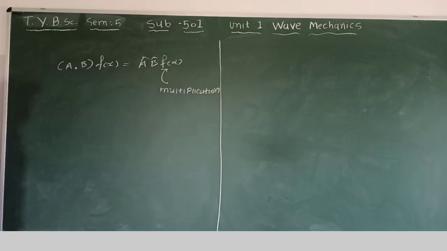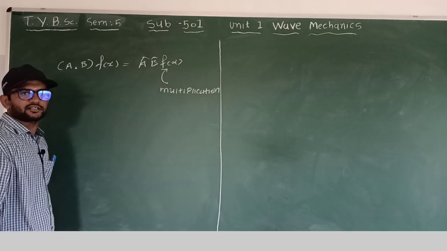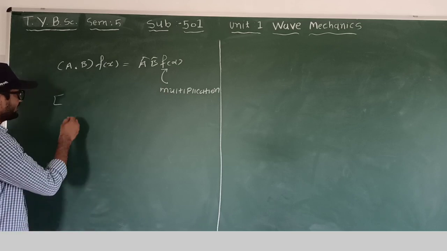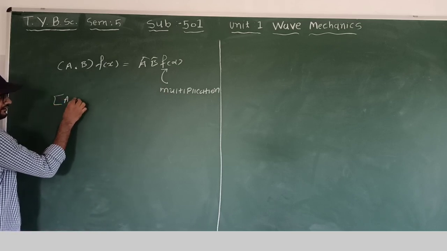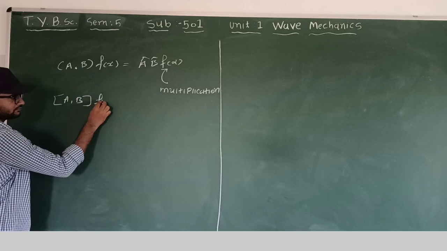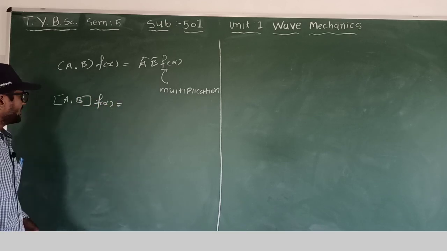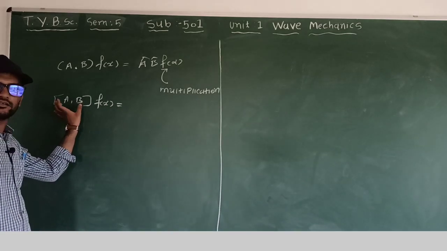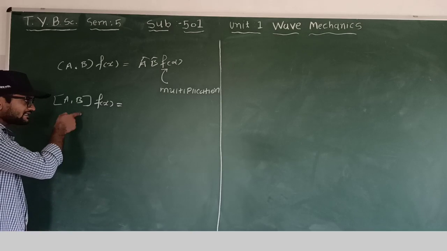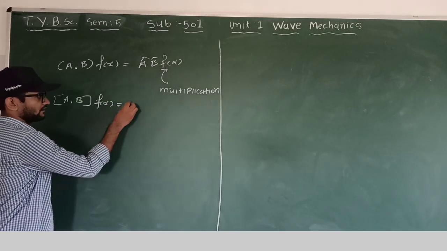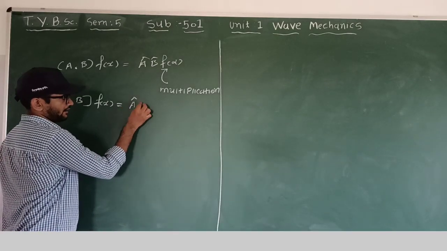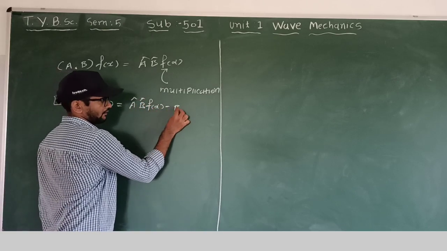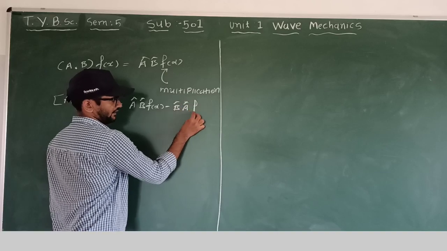Now, this is the simple multiplication operator. Now, what do you mean by commutator operator? Commutator operator is denoted in square bracket. Square bracket A, B on f(x) indicates these two operators are commutator operator, and the operation of commutator operator is A cap B cap f(x) minus B cap A cap f(x).